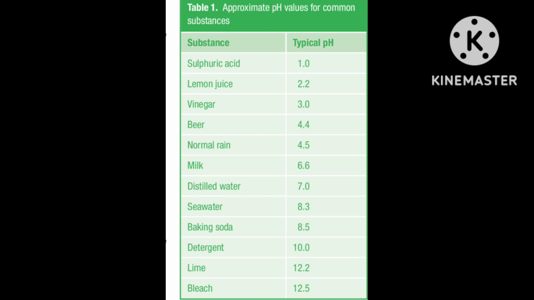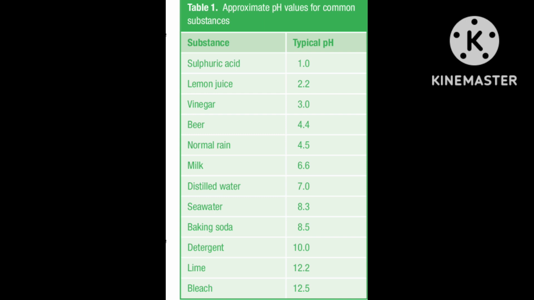Now when you know Kw is equal to Ka into Kb, you can multiply everywhere by p, where p means minus log. Then you will get pKa plus pKb is equal to pKw, and that is equal to 14 at 298 Kelvin. This is another relation. Ka into Kb is equal to Kw.